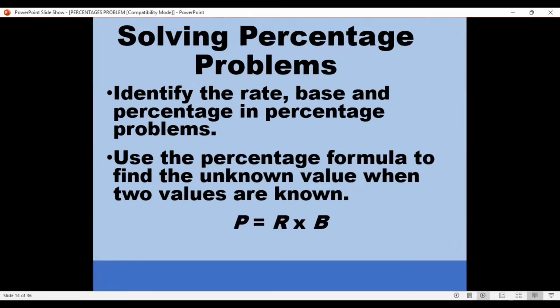And again, we will try to derive the formula because the thing that we want to find out now is the rate.